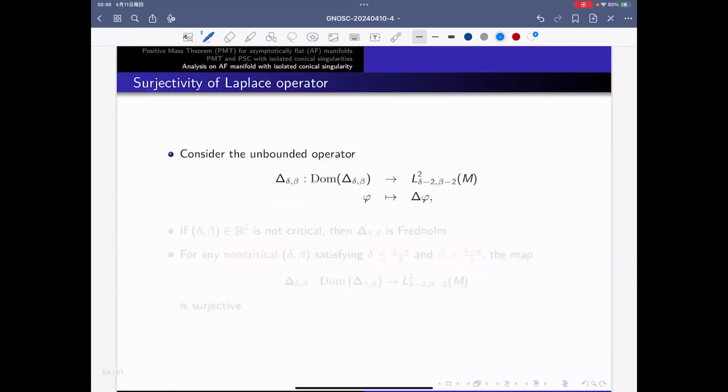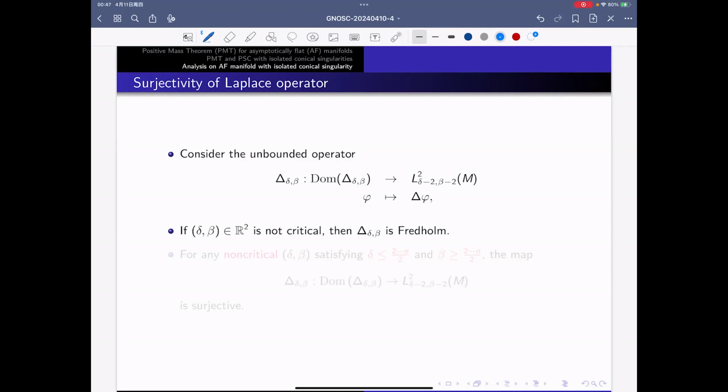Okay. So now we want to solve the harmonic equation, so we consider this unbounded operator. And now from the refined weighted elliptic estimate just mentioned, if the index delta and beta is not critical, then we get this operator is Fredholm.